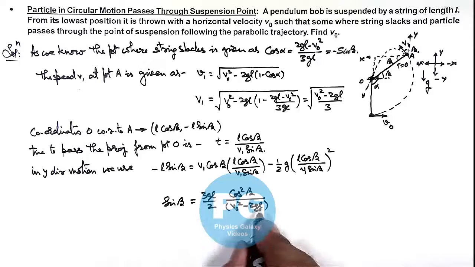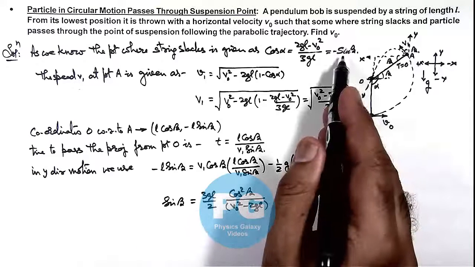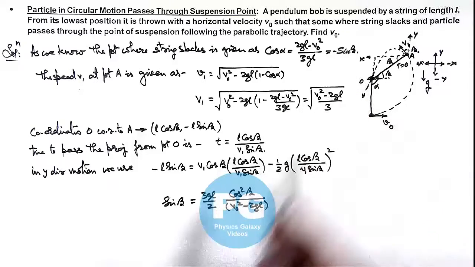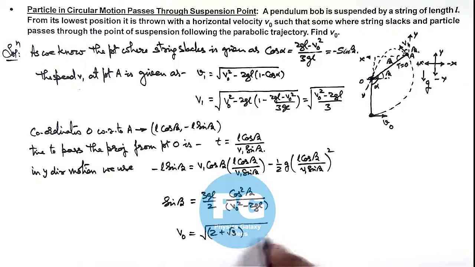I've written this expression after simplifying, which I'm leaving as an exercise for you. You can verify this. Now we can substitute the values of sin beta and cos beta from these relations, and it can be verified that after simplifying all these terms, finally you'll get v naught equals the square root of (2 plus root 3) times gL. That will be the final result of this problem.